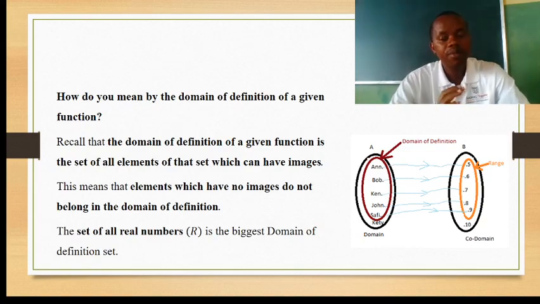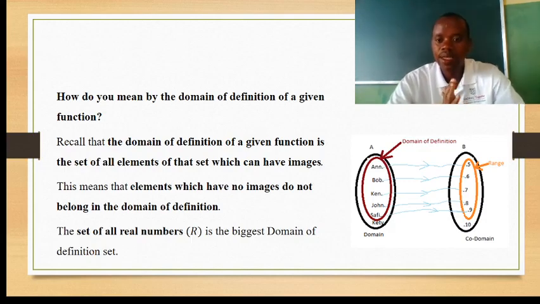Remember that the domain of definition is the set of all elements which can have images. This means that the elements which do not belong to the domain of definition set do not have images, and the elements which have no images do not belong to the domain of definition.